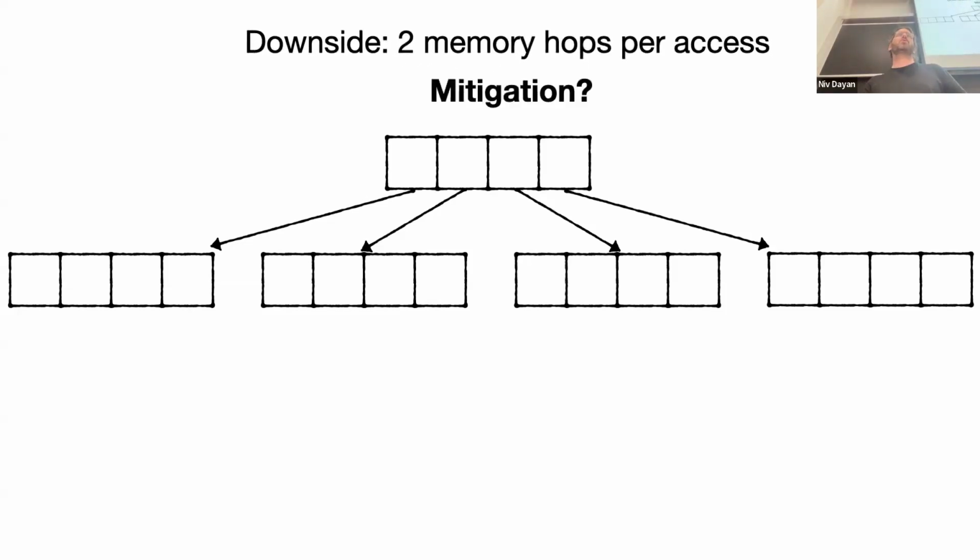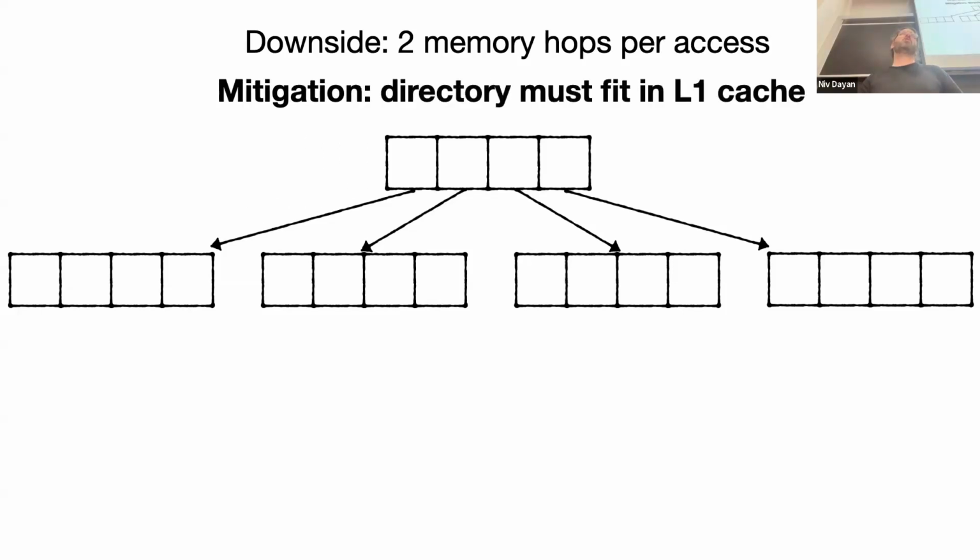How might we want to mitigate that issue? What do we want to guarantee about the directory? We basically want to guarantee that it stays small. And when I say small, I mean I want the directory to always be able to fit in the L1 cache. So how do we do this, and what are the risks?